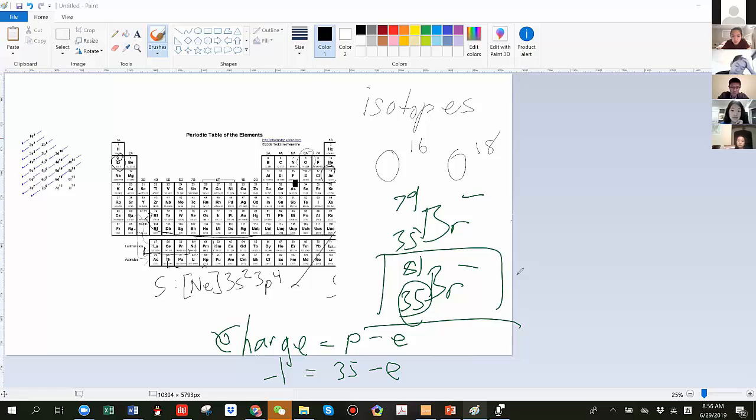For the number of neutrons, remember that the mass number is the sum of protons and neutrons. So we take the mass number and subtract the number of protons. That's 81 minus 35, so 46. I think that's right.